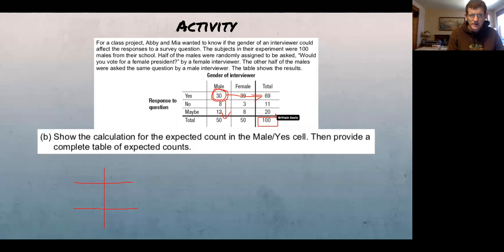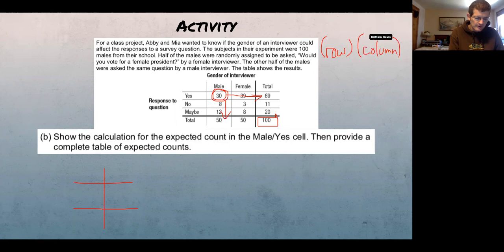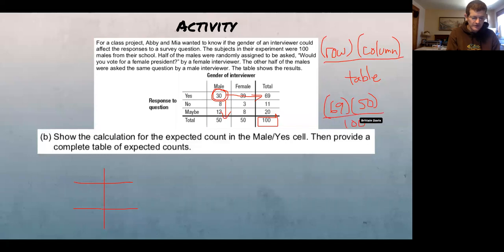So it sounds weird at first, but it's row total times column total divided by the table total. If I do this first one, the row total is 69, the column total is 50, divided by 100, which is the table total, and this turns out to be 34.5.